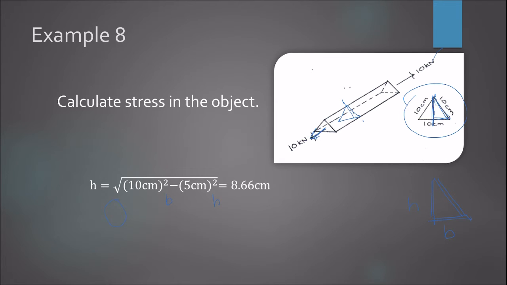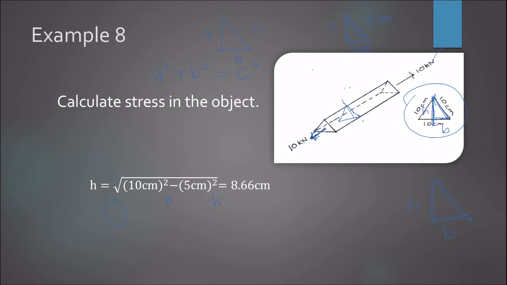To get this value H, you know from the Pythagoras theorem, you have the value 10 cm here, and you have the value 5 cm here. But you don't have this value, because you need the value of H. This is H, this is B. To get that, we will use the Pythagoras theorem, which we know that if a triangle is like this, I call this A, this B, this C. So A power of 2 plus B power of 2 equals C power of 2.